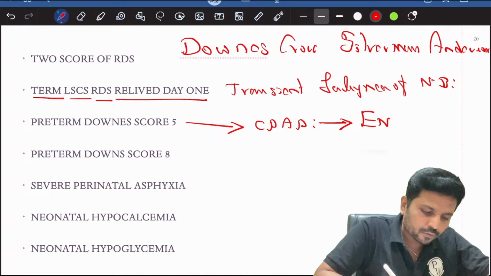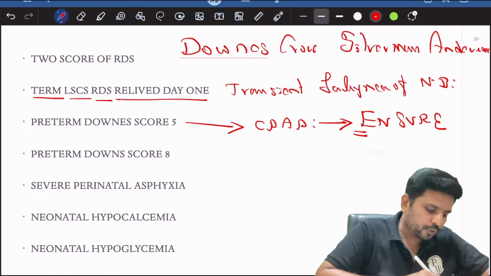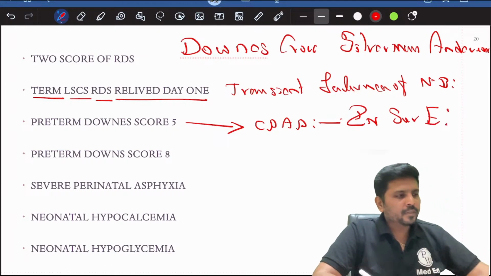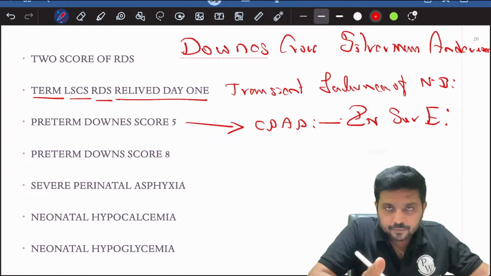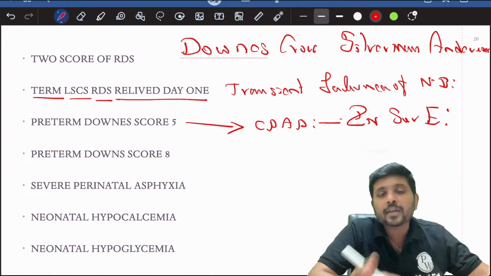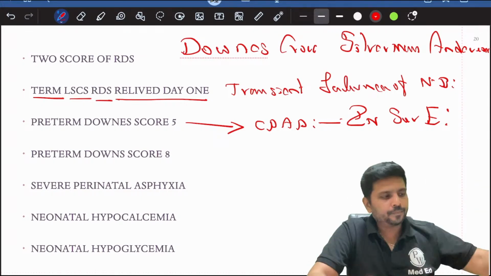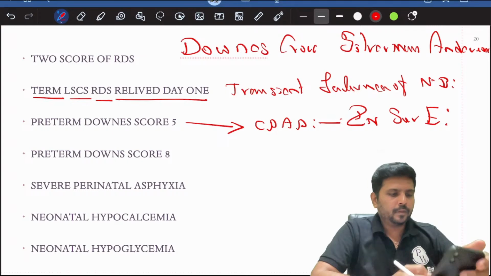INSURE was asked recently in INICET. What is called INSURE? Intubate, surfactant administration, and extubate. That is called INSURE. Remember, the first line is CPAP. If it doesn't work, CPAP plus INSURE.